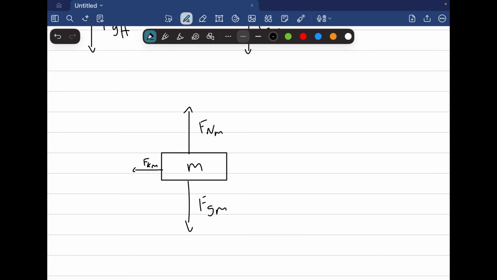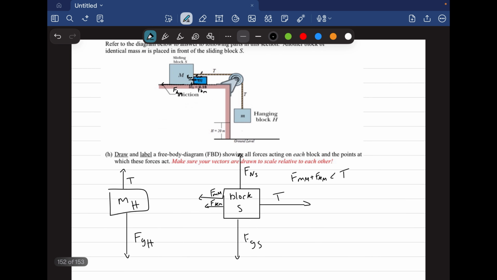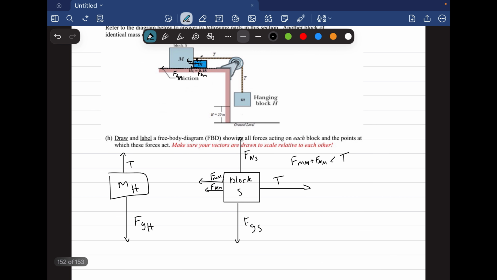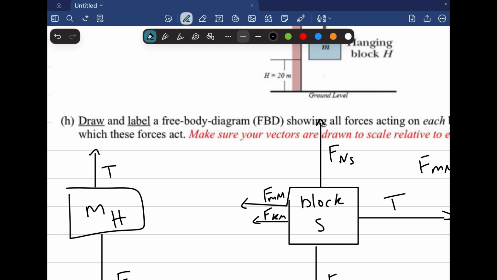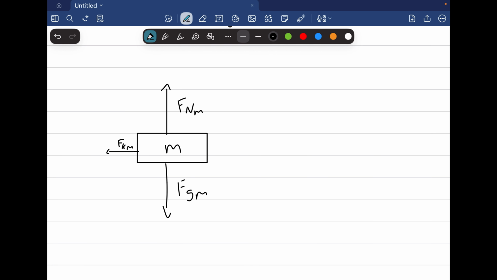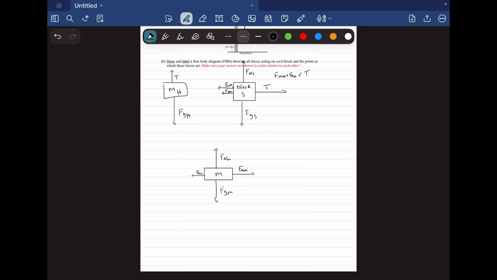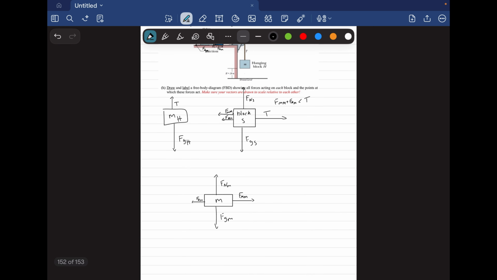But assuming the system moves to the right, the contact force F capital M on lowercase m has to be greater than FK lowercase m, right? So that's the three free body diagrams.